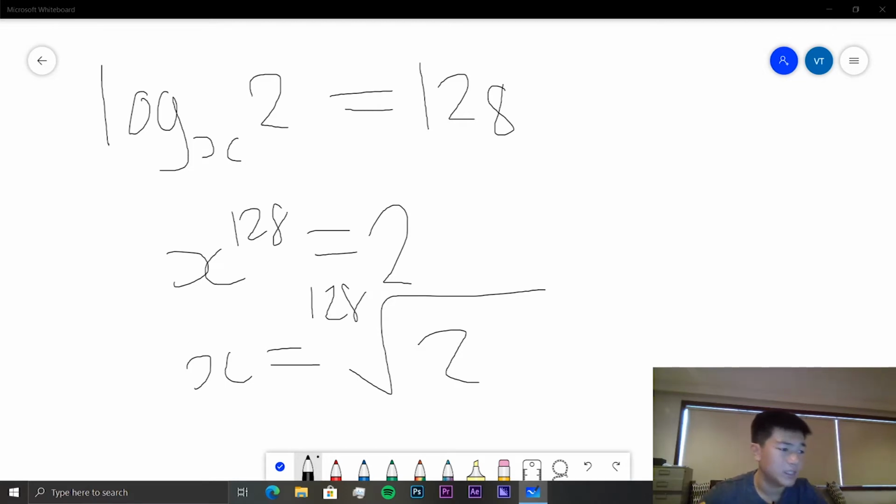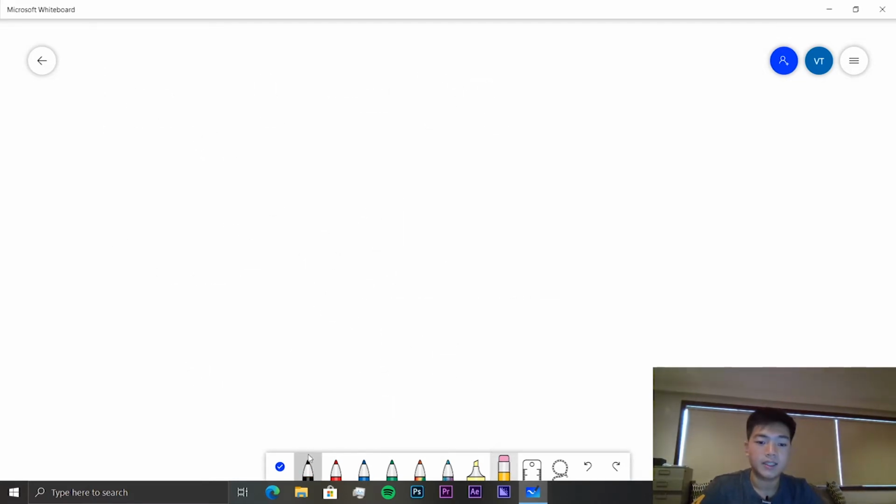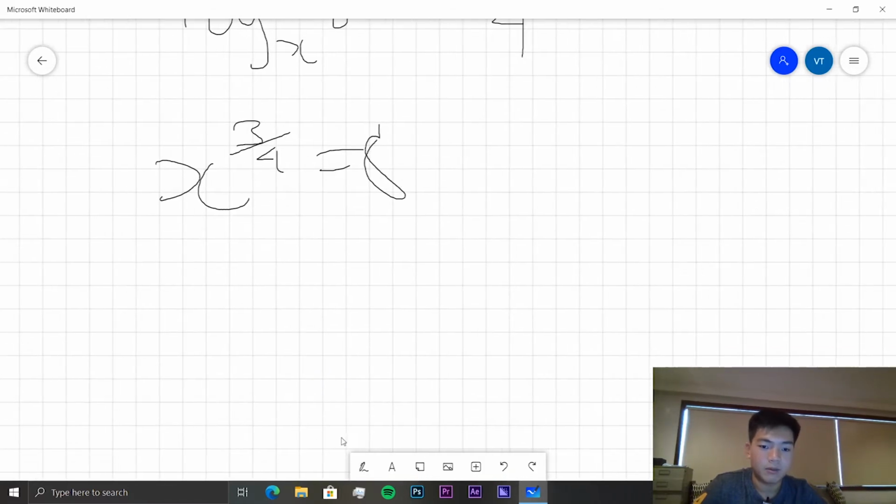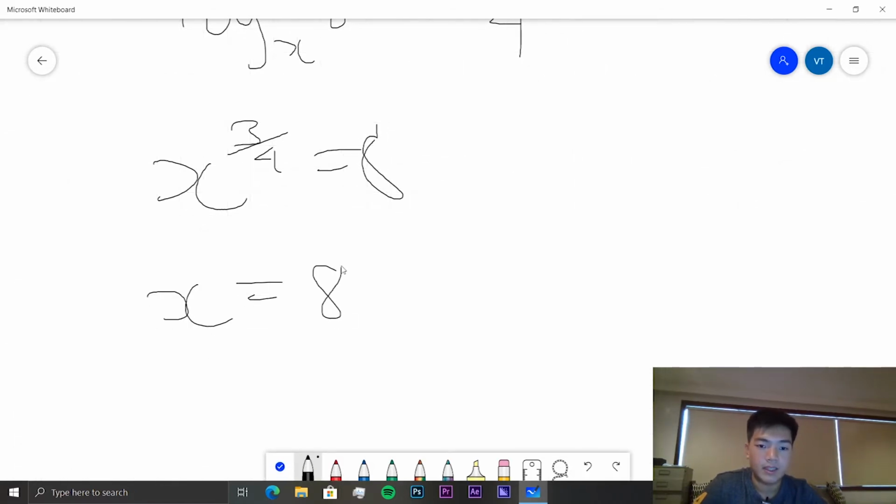Yeah, we don't. It's just the 128th root of 2. Next, we have log base x of 8 is equal to 3/4. We can rearrange this to say x to the 3/4 is equal to 8. And so therefore, x is equal to 8 to the 4/3, which is equal to 16.